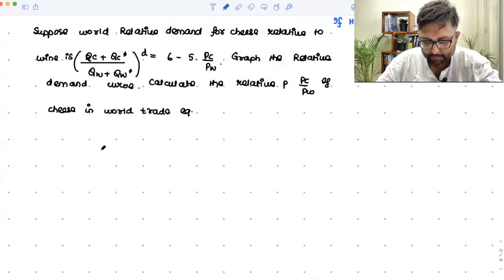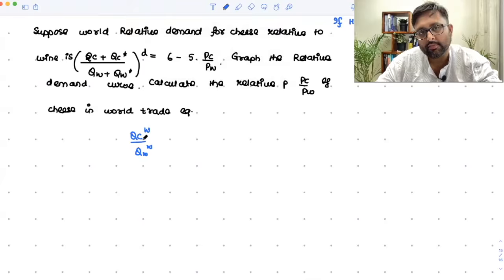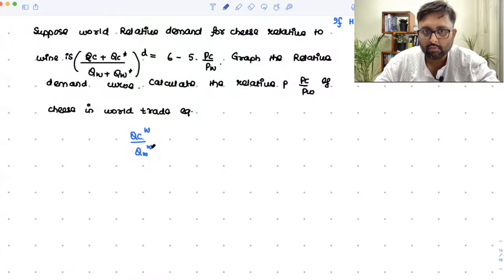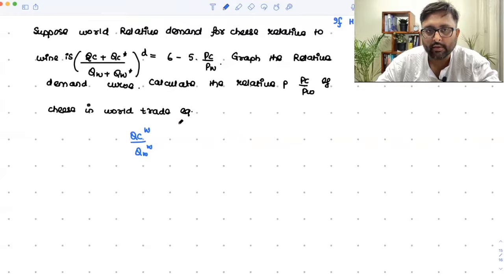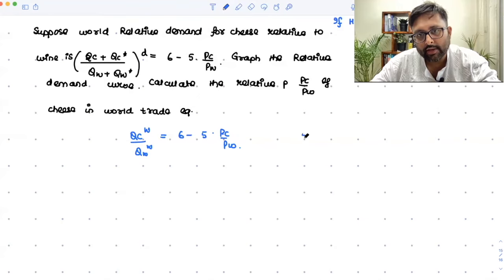I'm writing QC by QW, the relative demand for cheese in terms of wine, is equal to 6 minus 5 PC by PW. I can write like this.